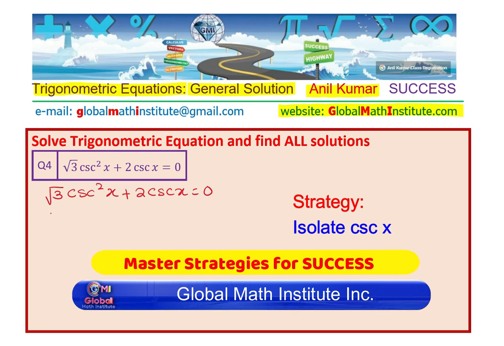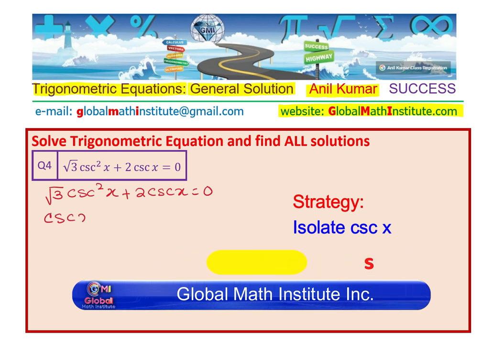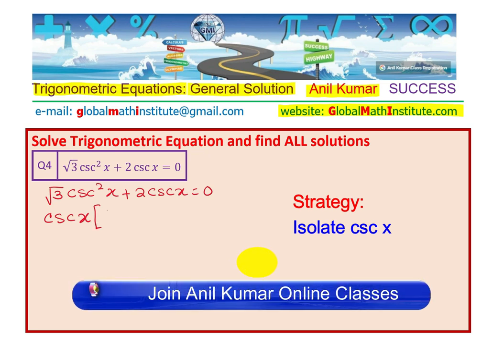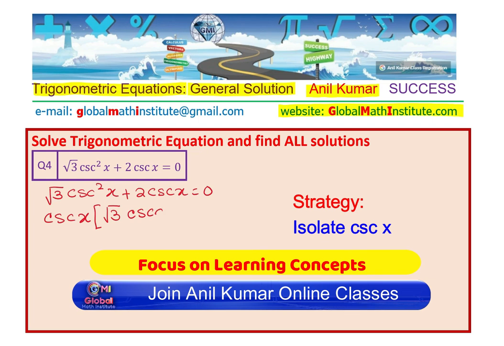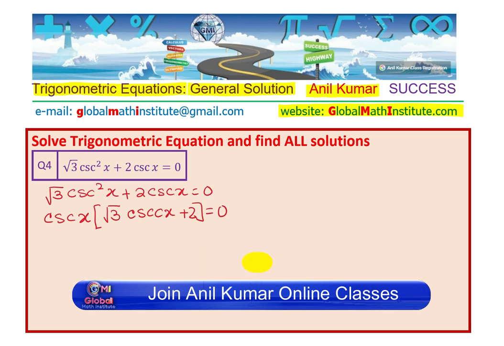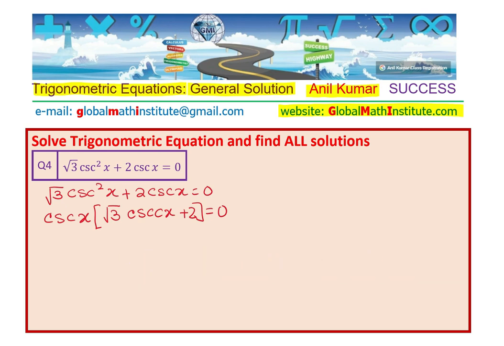Let's factor cosecant x and we get cosecant x times square root of 3 cosecant x plus 2 equals to 0. Now each factor can be 0, giving a set of solutions, right? Now if I substitute the first factor as 0, we know for this one we have no solution, right?